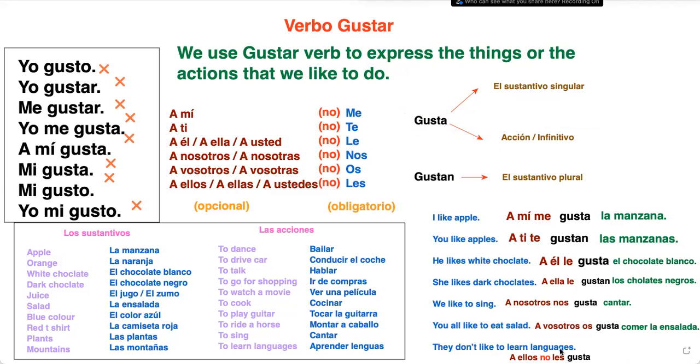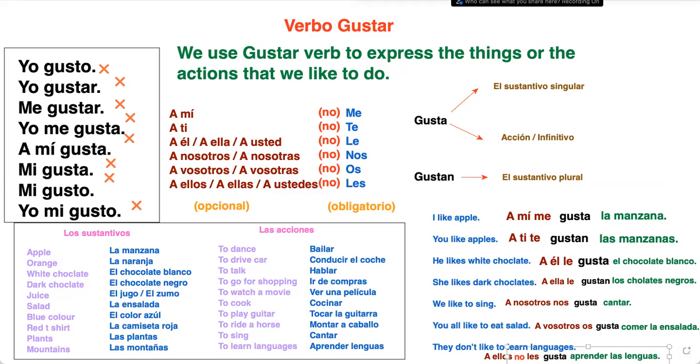To learn languages. Aprender las lenguas. Let me just write it here. No les gusta. That's all about the gustar verb.